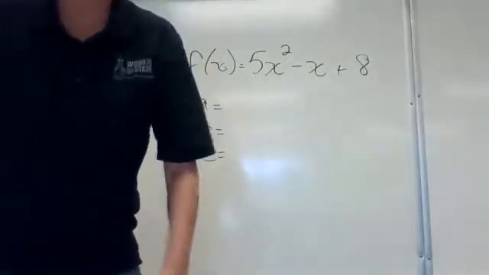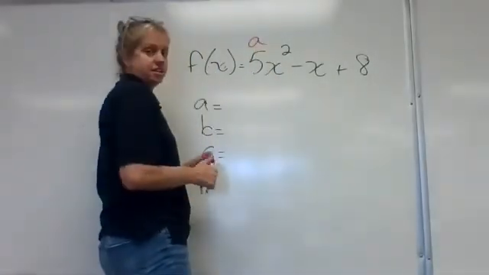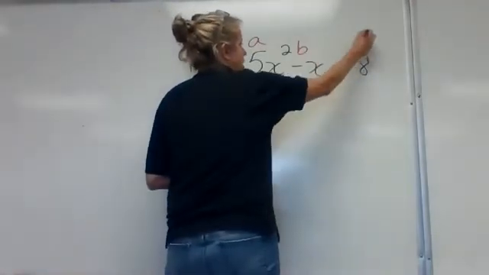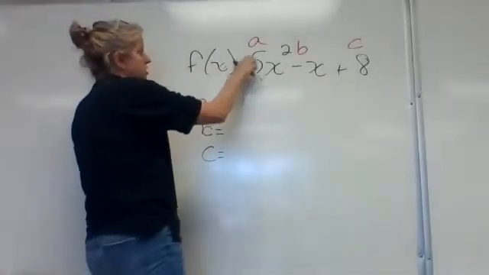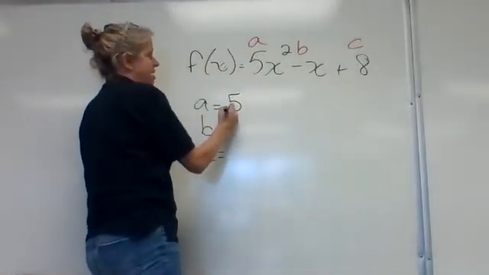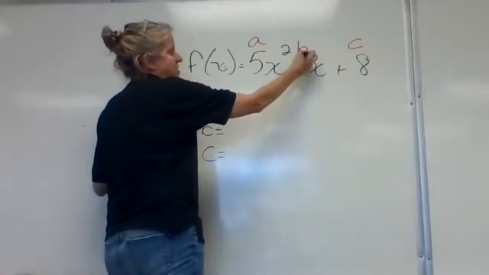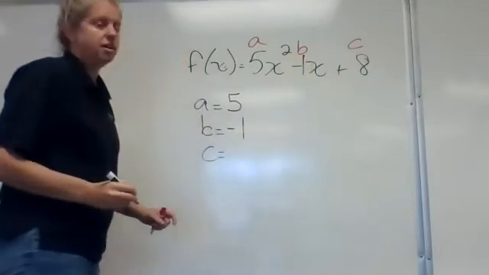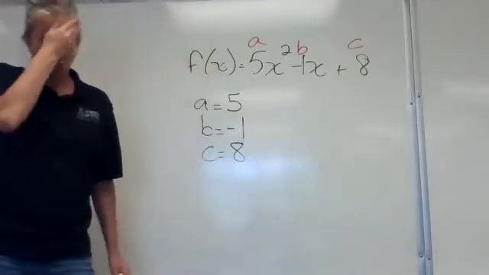So this one, same thing: A, B, and C. In front of your squared term, there's your A. In front of your x, there's your B. Your constant is C. So in front of the squared term, my A is 5. My B is the number that's in front of this x. I have just a minus sign, which means it's a -1. And then C is my constant, which is positive 8.